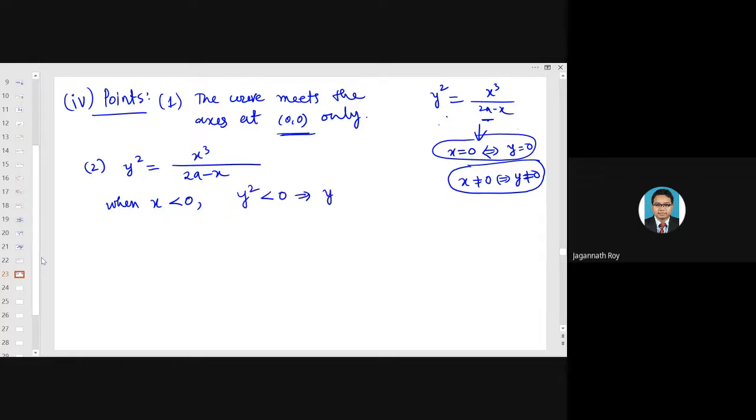This implies y is imaginary. So no portion of the curve lies on the left hand side of the y axis.